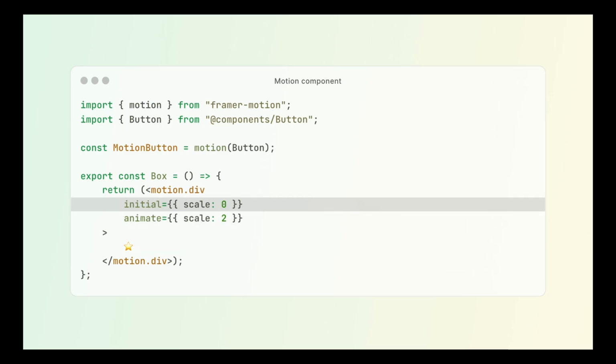If you want to set the initial value, you can just set it with another prop. And so in this example, React will mount the element. Its scale will be 1 still because it's the default. But then right after this, Framer Motion will set it to 0 and then slowly animate it to 2. You might look at this and think, well, I can just do this with CSS.